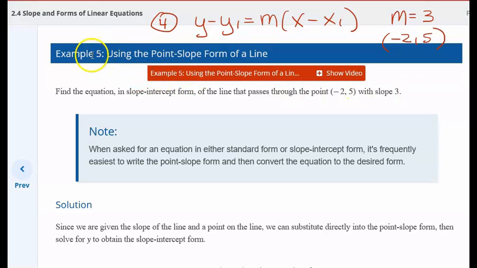Now, for example 4, we're going to use the point slope form to convert slope and one point eventually into standard form. And let's work that out on the whiteboard.